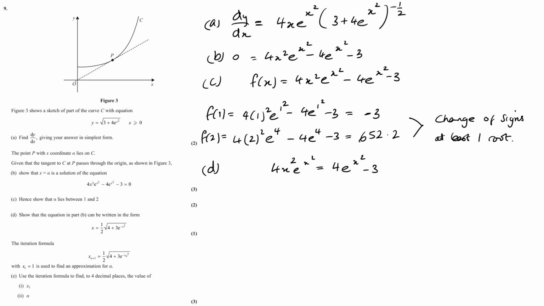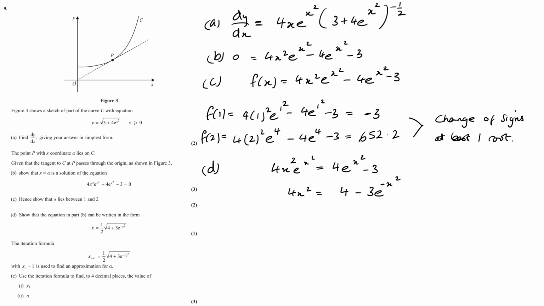When I divide by 4e to the x squared, or I'll divide by e to the x squared first. So 4x squared equals 4 minus 3e to the minus x squared.